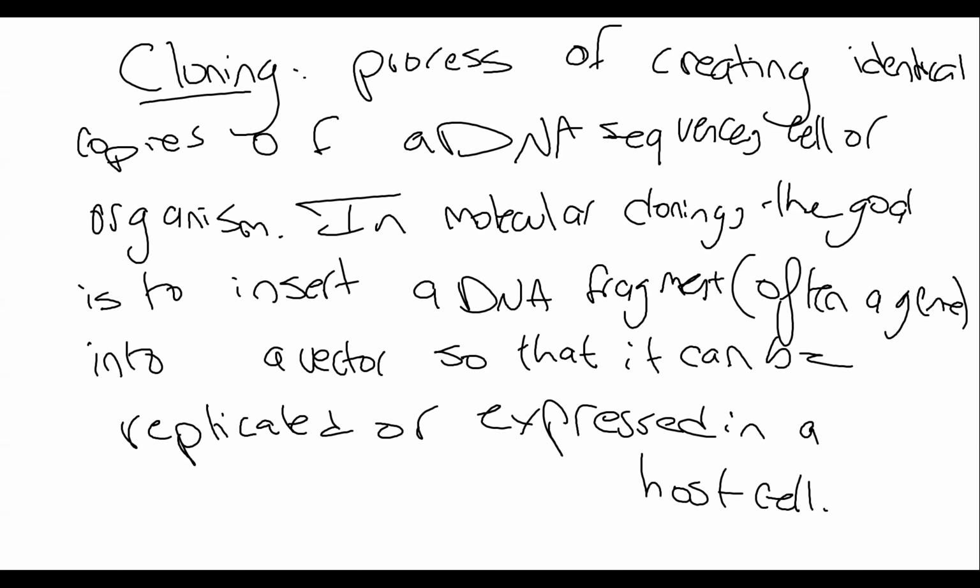So what is cloning? It's a process of creating identical copies of a DNA sequence, cell, or even organism. In molecular cloning, the goal is to insert a DNA fragment, usually a gene, into a vector so that it can be replicated or expressed in a host cell. So let's say we have here a plasmid vector.